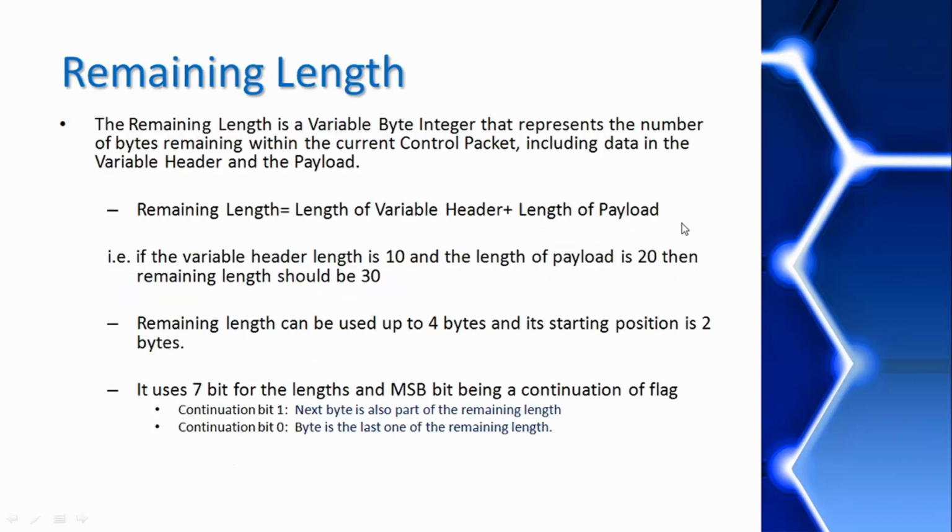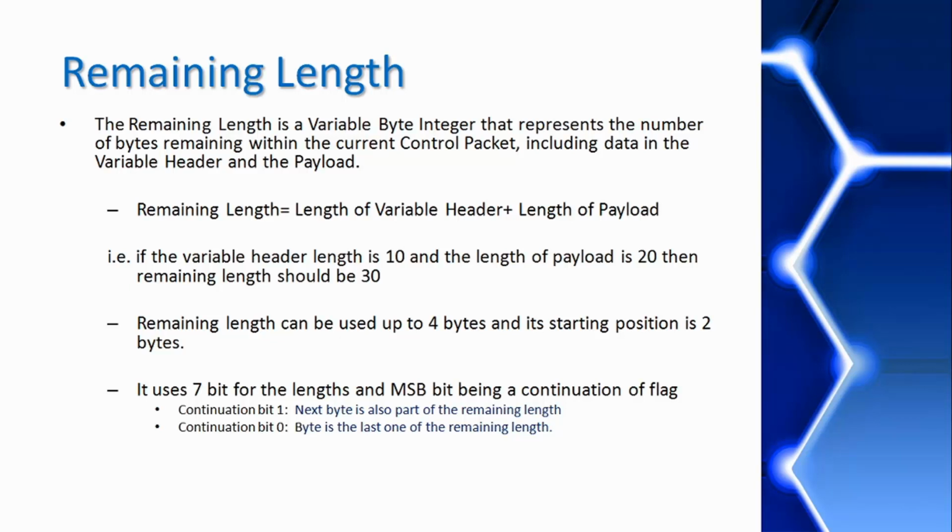Let's look at some important points about the remaining length in the fixed header. The remaining length is a variable byte integer that represents the number of bytes remaining within the current control packet, including data in the variable header and the payload.